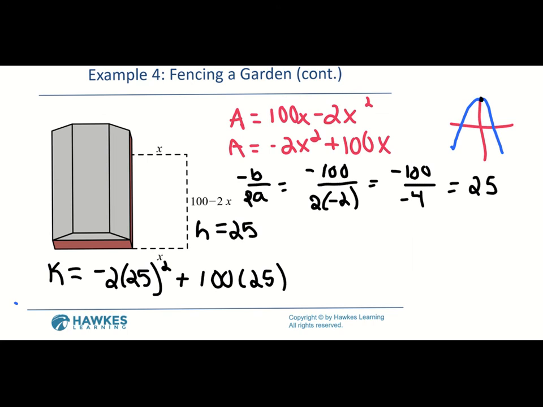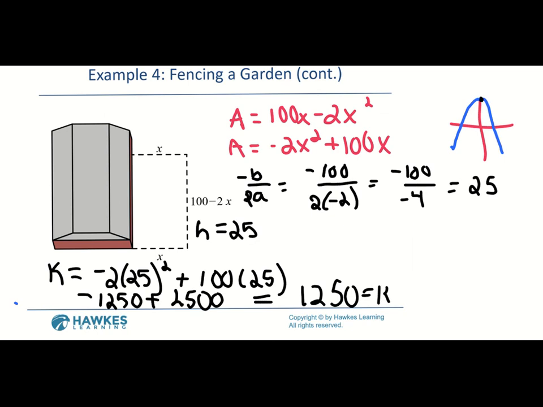So I get negative 1,250, plus 100 times 25 is going to give us 2,500. And when we add those together, we get 1,250. So that's my k value.